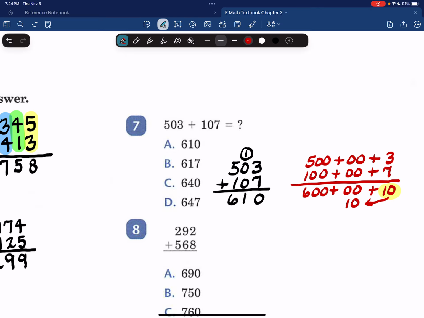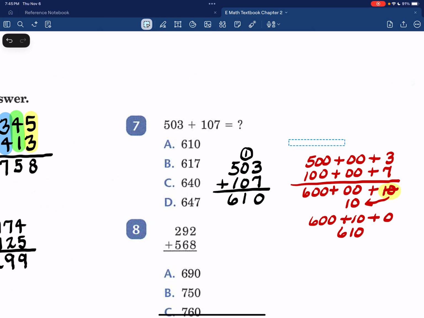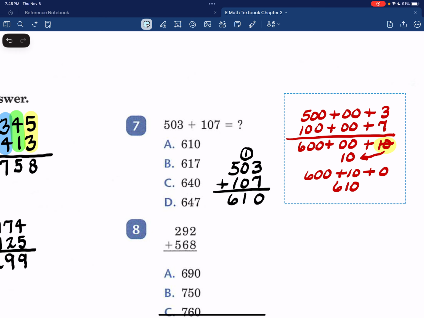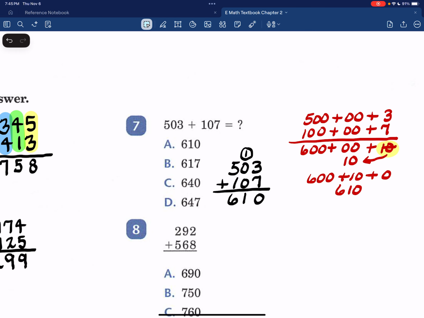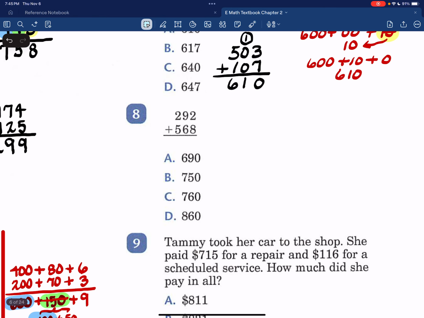So we're going to put it here, take it off of there. And this would be 600 plus 10 plus 0 of the cubes. And that's 610 as the final answer. For me, the algorithm is easier on this one because I get lost with all those zeros. But if you like that way, that is perfectly fine.